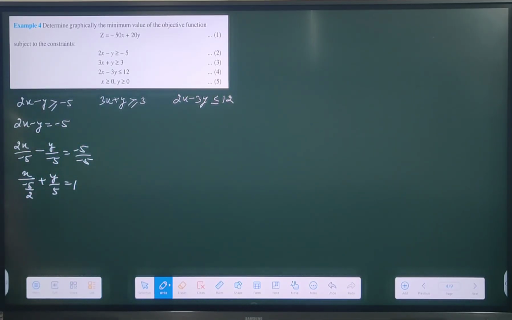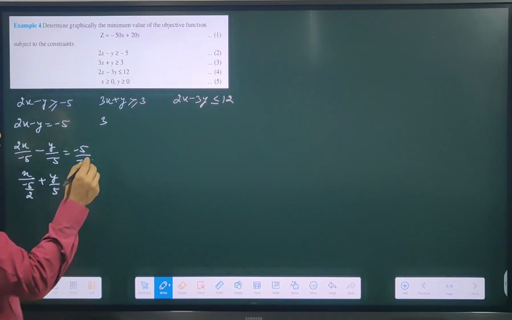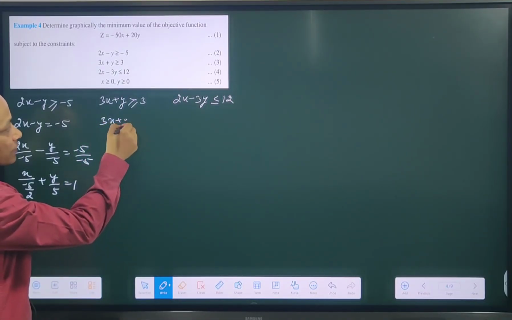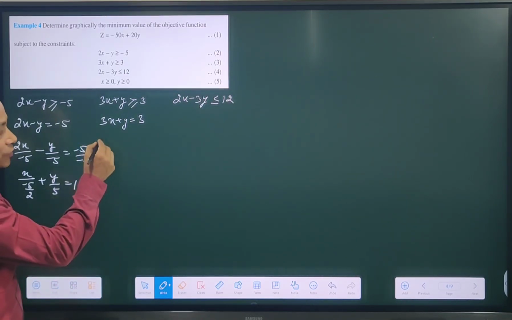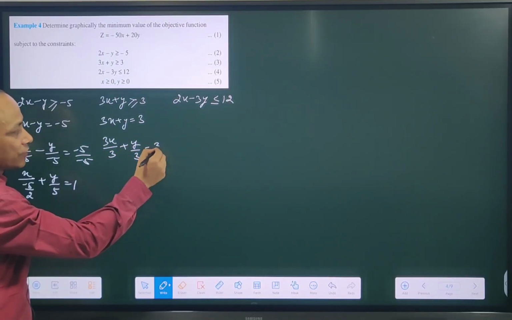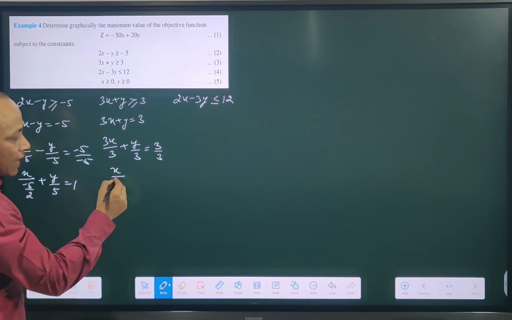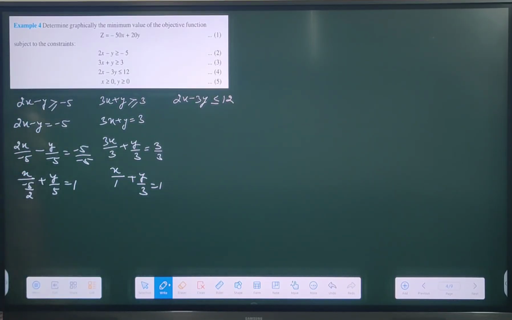Another inequality is 3x plus y is greater than or equal to 3. So 3x plus y equal to 3 will be the corresponding equation to this linear inequality. Divide both sides by 3. x divided by 1 plus y divided by 3 equal to 1 is another equation.